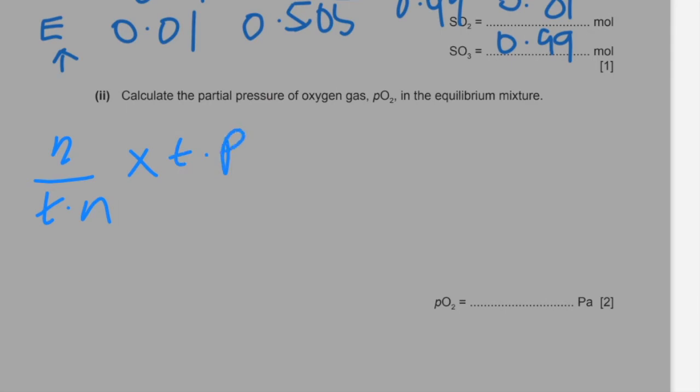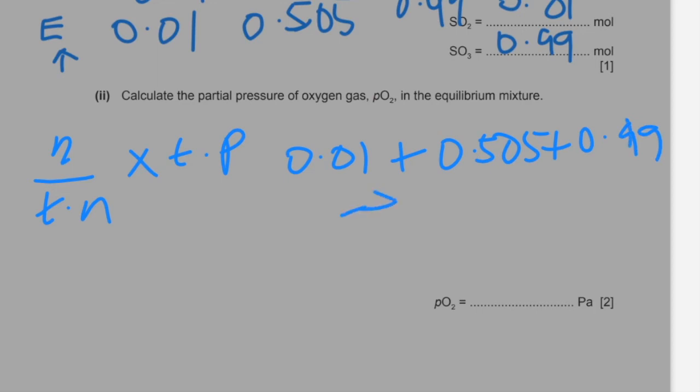Okay, so to calculate the total number of moles at equilibrium, I'd add up 0.01 plus 0.505 plus 0.99. So this gives the value of total number of moles as 1.505.